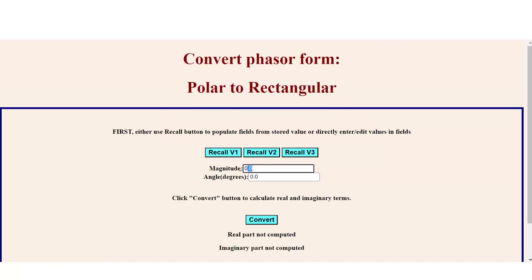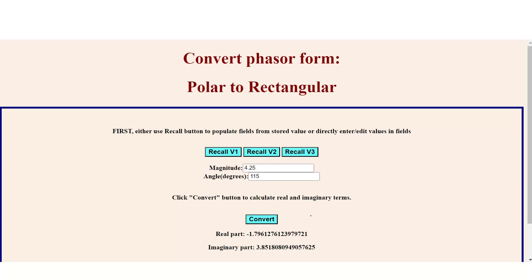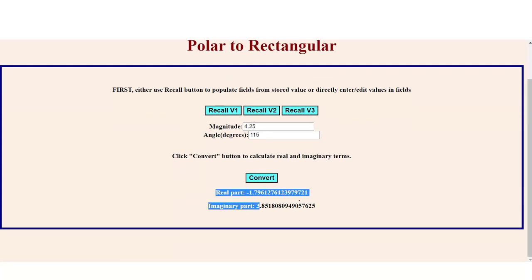So all I need to do is type in my magnitude, 4.25, and my angle, 115 degrees. I click convert. You'll see we end up with the same answer as we had calculated by hand. Our real part A was minus 1.796. Imaginary part B was 3.85.